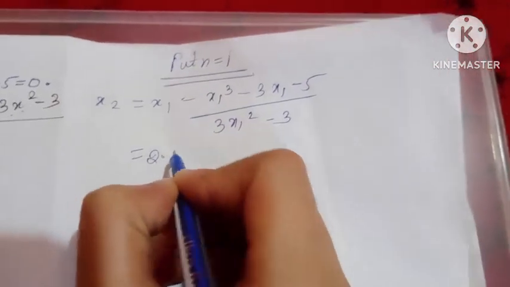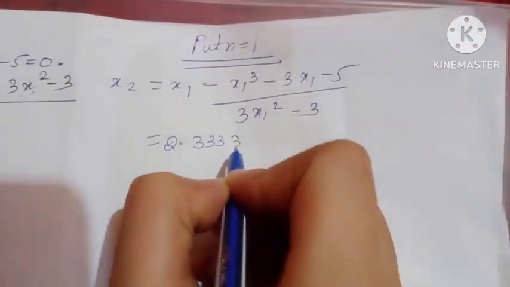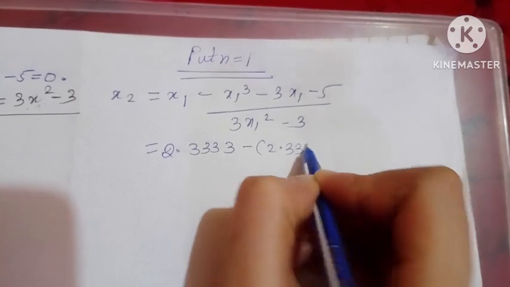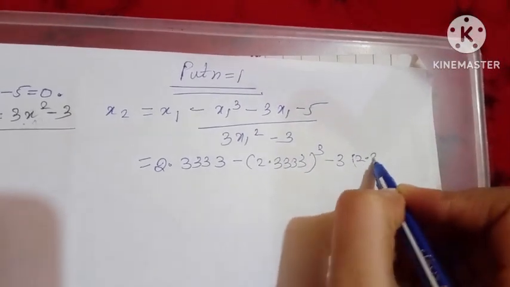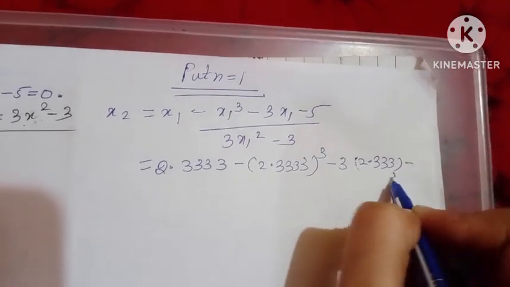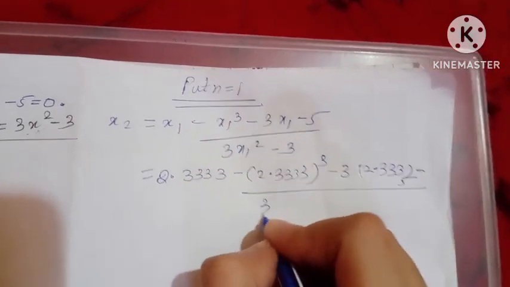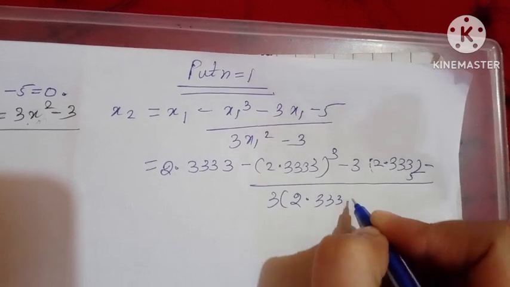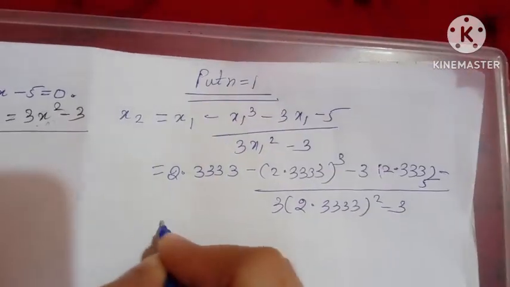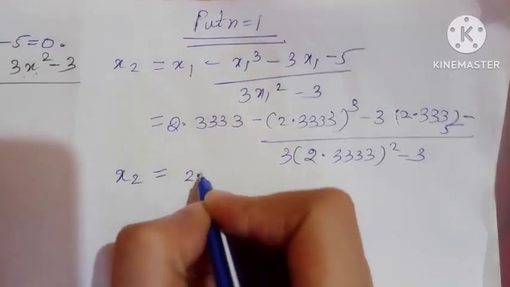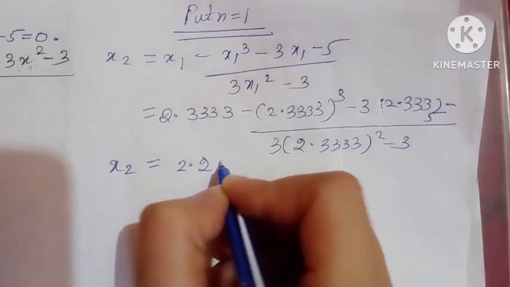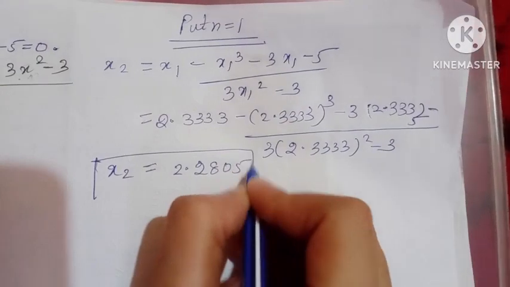So just write 2.3333 minus 2.3333 whole cube minus 3 into 2.3333 minus 5, divided by 3 into 2.3333 square minus 3. With the help of scientific calculator, you will solve this. So the value of x2 will become 2.2805. So this is x2.